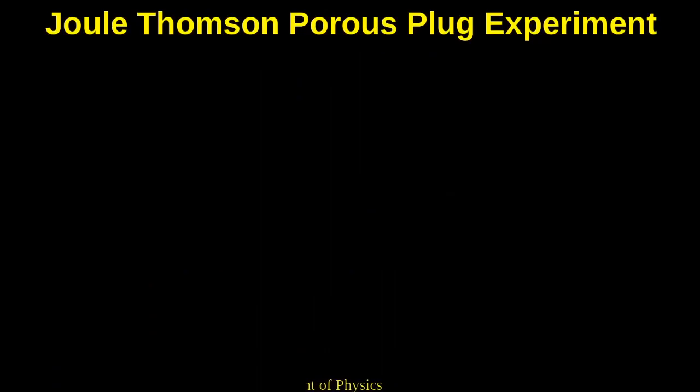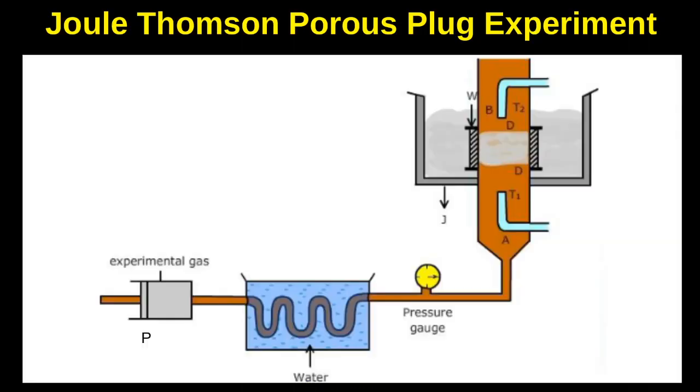So we have discussed the Joule-Thomson effect. Now we are performing the experiment. What the theory is and what the action of the experiment is will be discussed. This is the experimental setup for the porous plug experiment to study the Joule-Thomson effect.